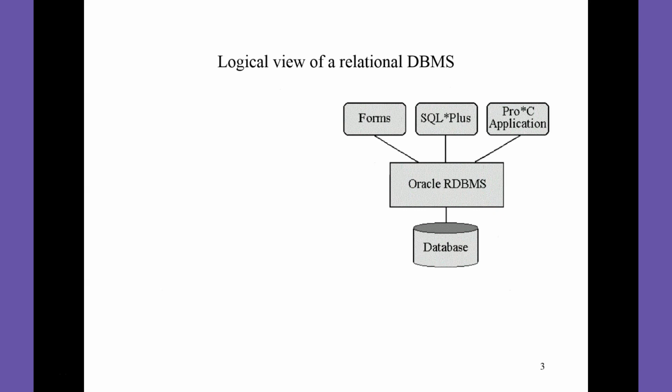Here we're providing a logical view of a relational database management system, again using Oracle Database as our example. Notice that the DBMS sits between the database and these front-end tools. There are a variety of different front-end tools that are available. I list a few of the names that are specific to Oracle: Oracle Forms, SQL+, and Pro-C.